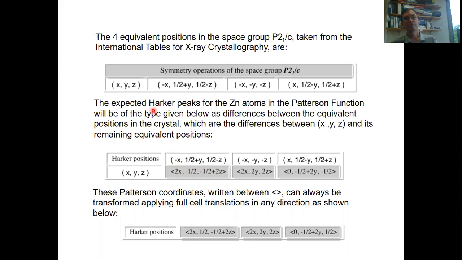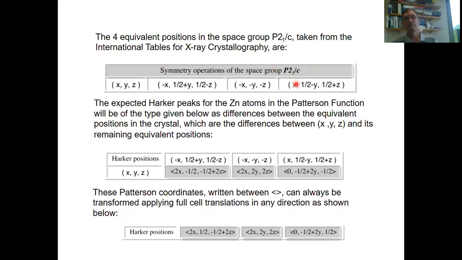So next we subtract this coordinate from that coordinate, and x minus minus x gives 2x, y minus minus y gives 2y, and z minus minus z gives 2z. So last but not least, we subtract this from this coordinate.